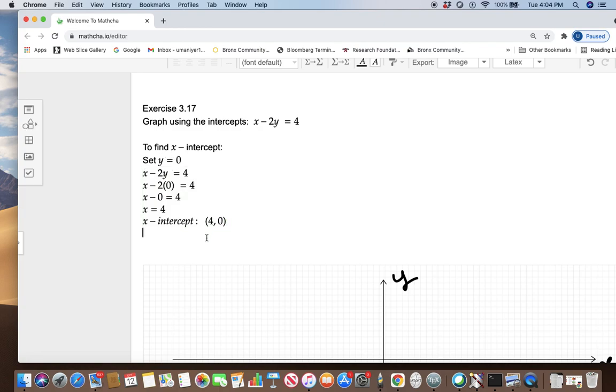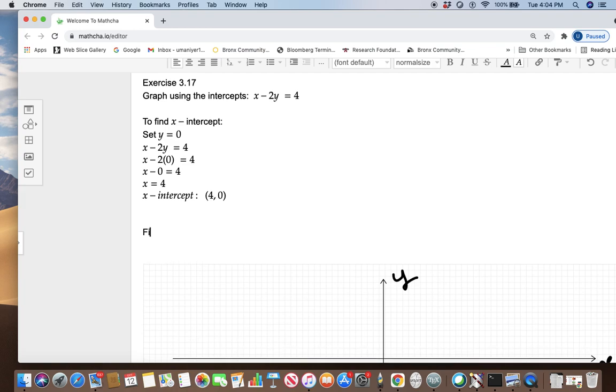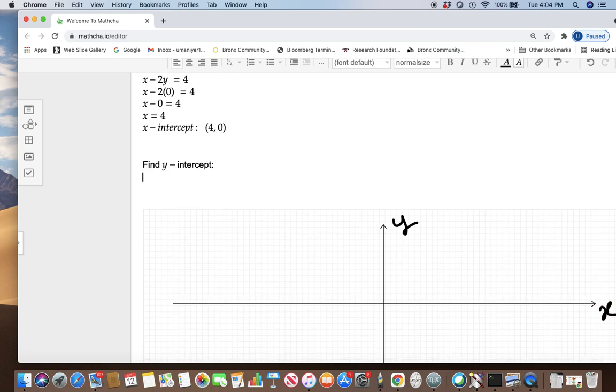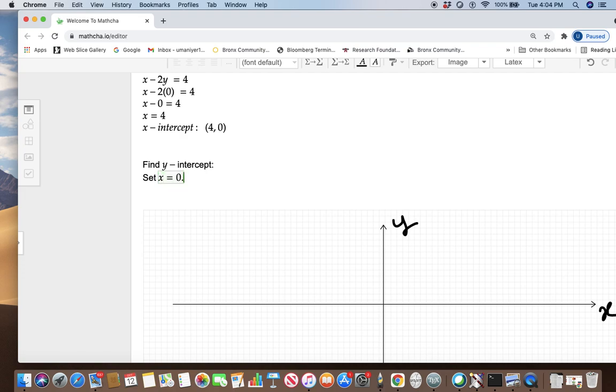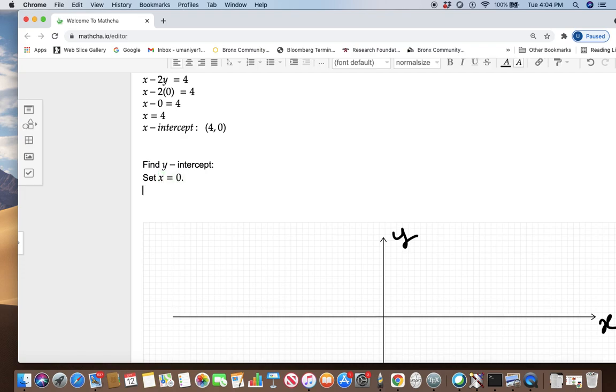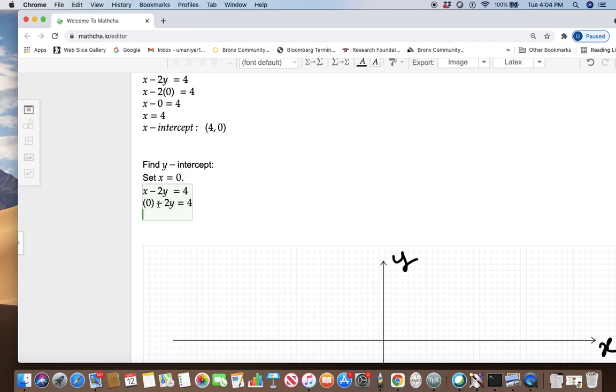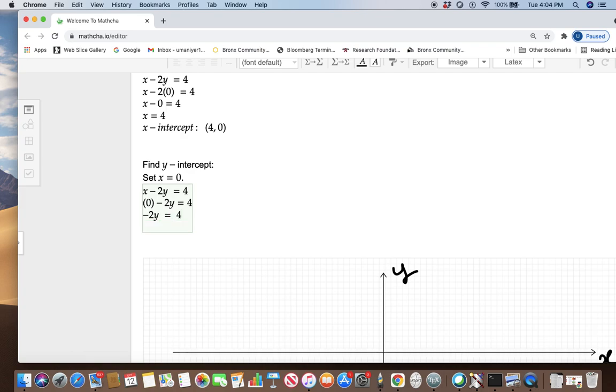Alright. Now let's find the y-intercept. How do we find the y-intercept? Set x equals 0. In what? In your original equation. X is 0, minus 2y is 4. 0 minus anything is that minus. Negative 2y equals 4.